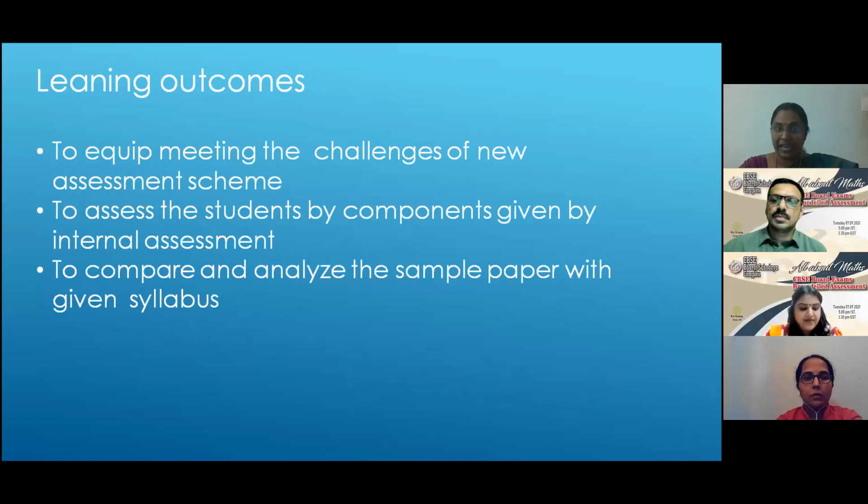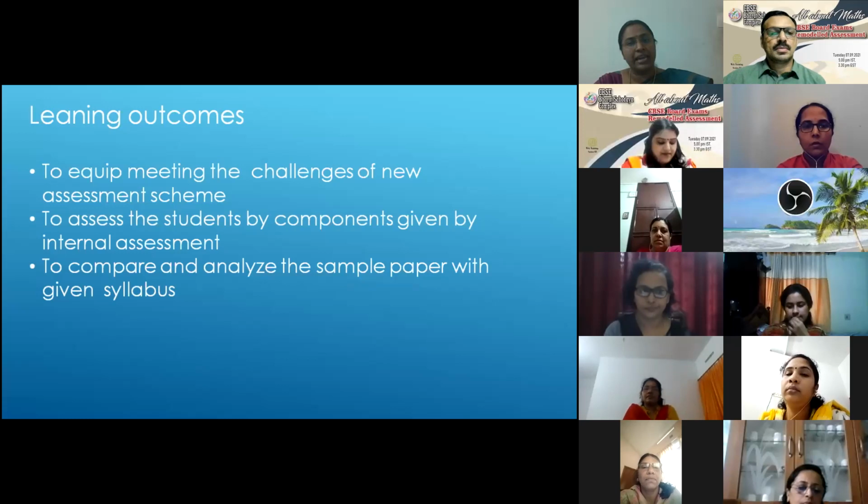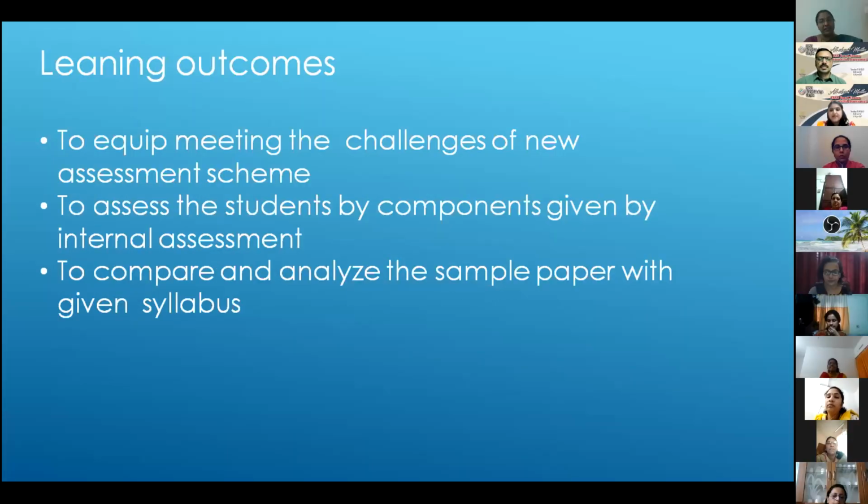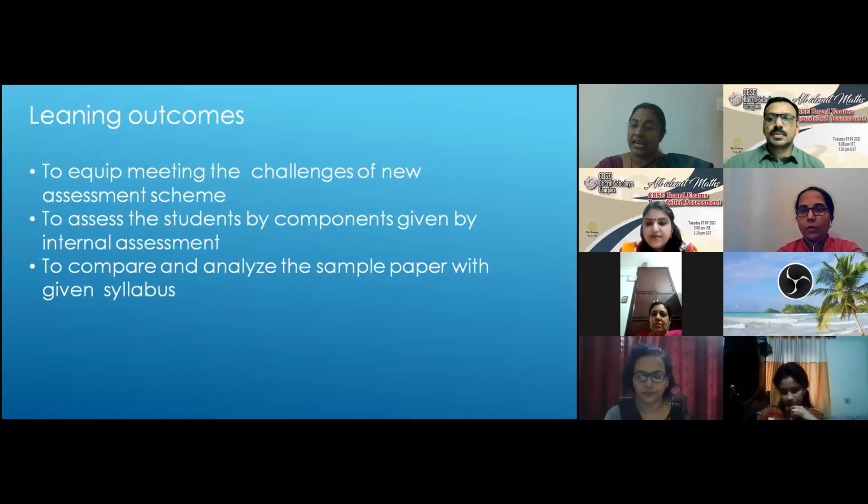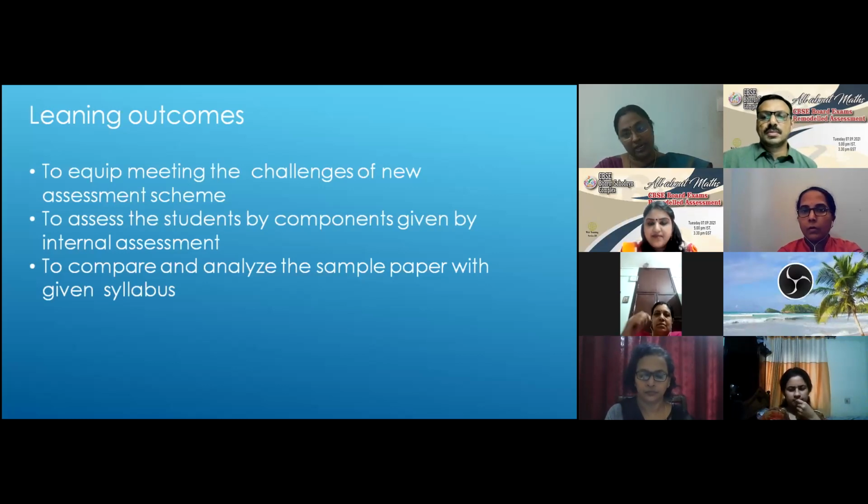Then we also have to compare and analyze the sample paper with the given syllabus. At the end of the day, it's all about marks. Children and parents are always keen regarding how many marks they get. That's why we are also focused on marks, and analyzing the sample paper is inevitable in our journey.